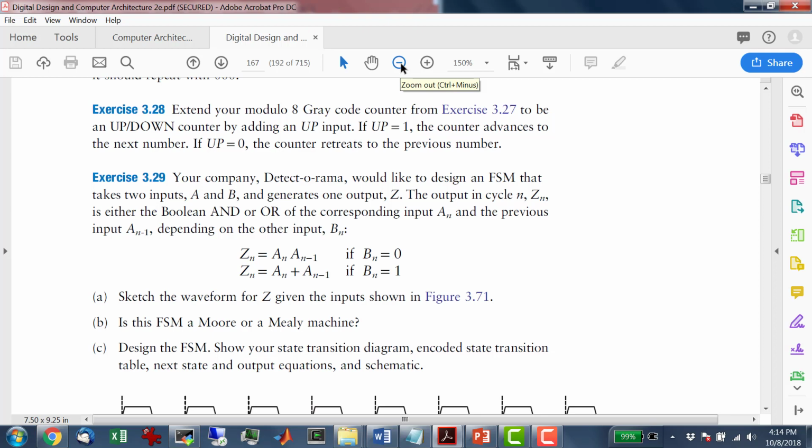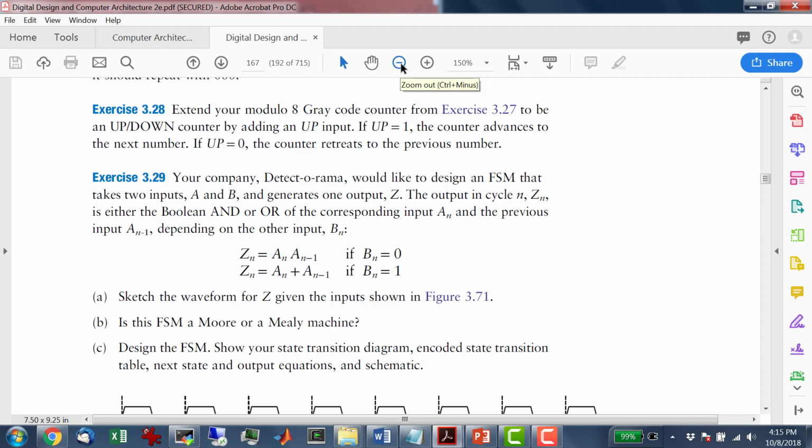Now the output logic, on the other hand, is going to be a little bit more complicated, because for this I need 8 rows in my truth table, because I've got 3 possible variables now. I've got current state, a, and b, and so that's 2 to the 3rd power, 8 rows.